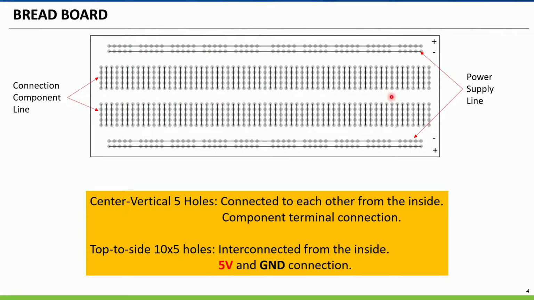And this one is the gap. You cannot create a separate line. And this one is where you place the power line. In this power line, all pins are connected.